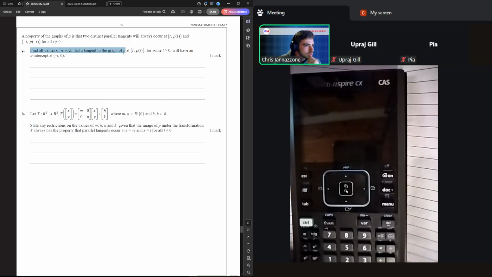Find all values of w such that the tangent... Oh, this actually went in a different direction than I was thinking it was going to. Find all the values of w such that the tangent to the graph of p at some point for positive t has an x-intercept at negative t.